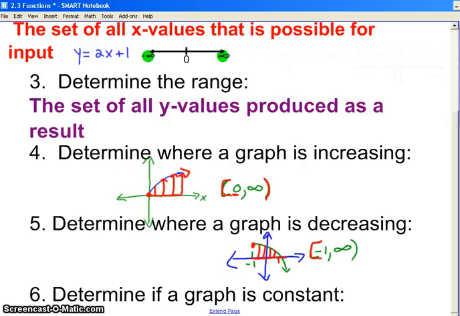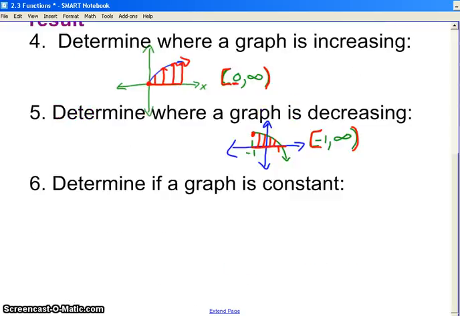So the graph is decreasing on the interval from -1 to infinity. And determine if a graph is constant. If you look at your graph, let's say we have a line through y equals 3. None of my y values are changing, so that's constant.